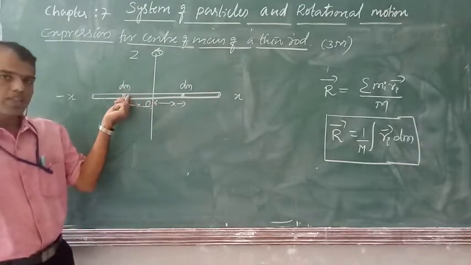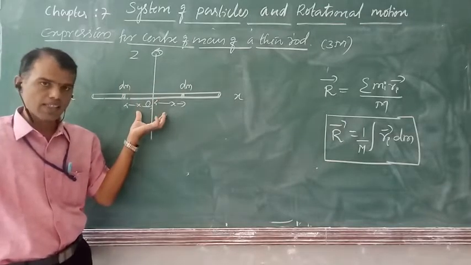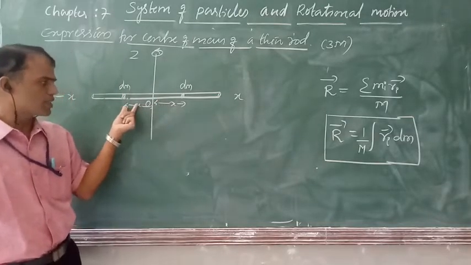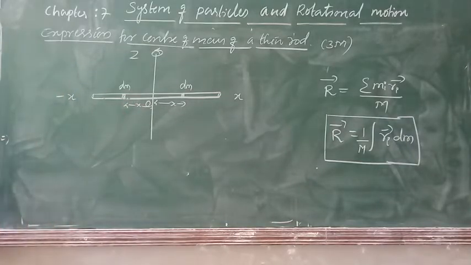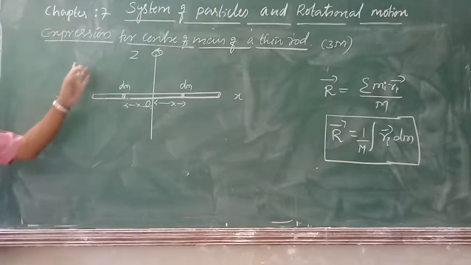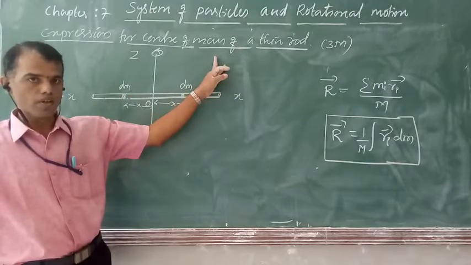So dm is the small mass element on either side of this axis of rotation, which are at a distance x. So now let us find the expression for the center of mass of a thin rod.